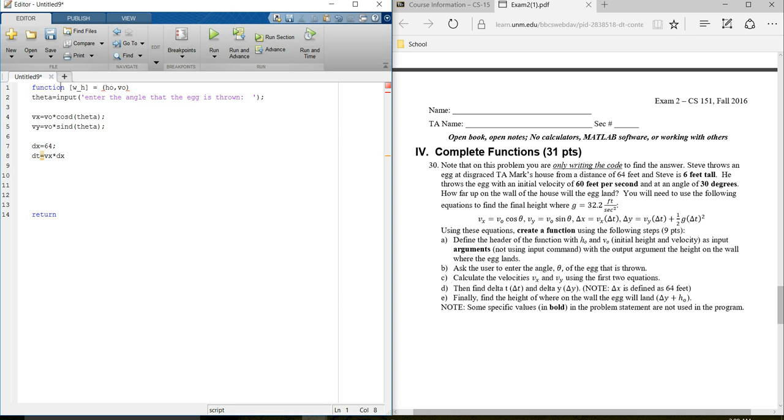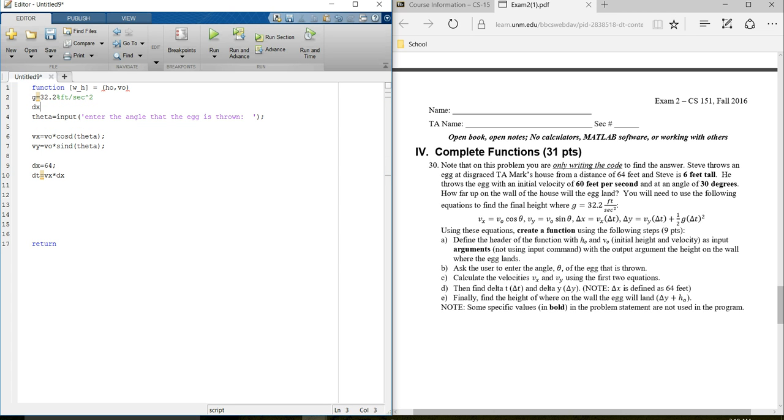Then find delta t and delta y. So after we have delta t done, we come over here to this equation. We have delta y is equal to vy delta t plus 1/2 g delta t squared. And he gives us g, 32.2 feet per second. And so that's another constant. G is equal to 32.2, and that's feet per second squared, of course.